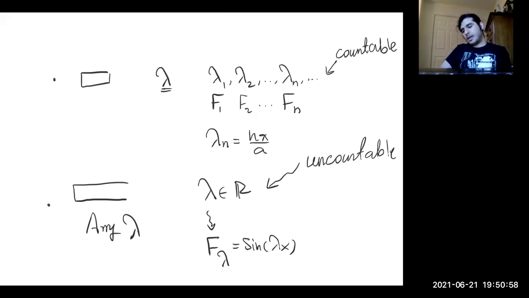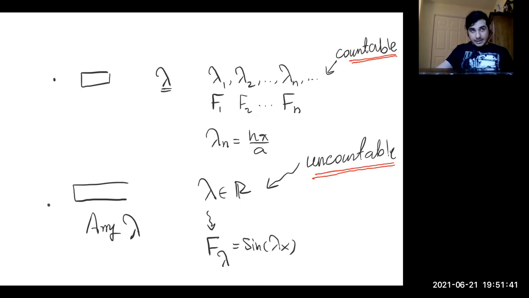Here we would have countably many eigenvalues. Here we have uncountably many eigenvalues. Because the other boundary condition used to give us a condition on lambda, and that condition gives us some specific values for lambda. There can be infinitely many, but they're always countable. In this case, being bounded doesn't imply any new condition on lambda. Any lambda is acceptable in R. R is uncountable. We end up with uncountably many values for this lambda. Okay, great.